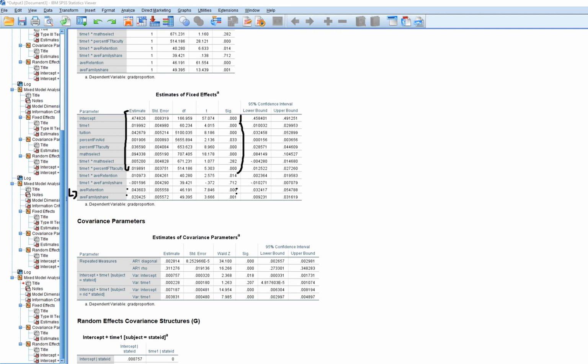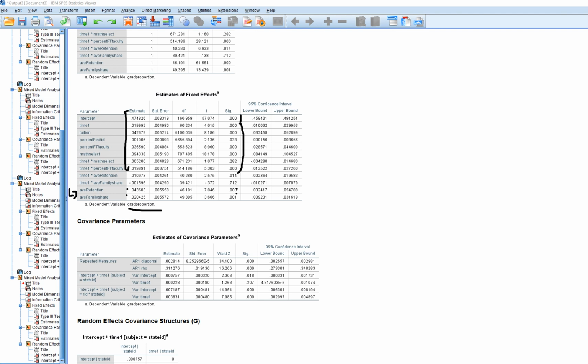And remember that these are level 3 predictors of the variation in intercepts across states. The intercepts are essentially the initial status when it comes to the proportion of students graduating within the state. Both of these are positive and significant, indicating that when states retain a greater percentage of freshman students, that's associated with a greater initial status for grad proportion, which makes sense.